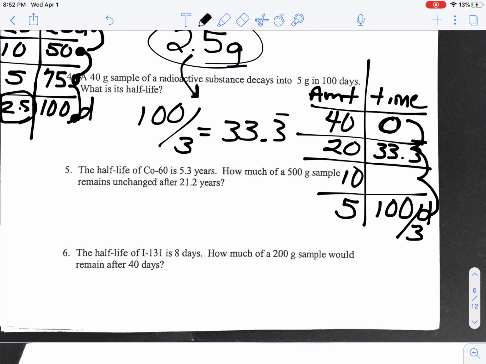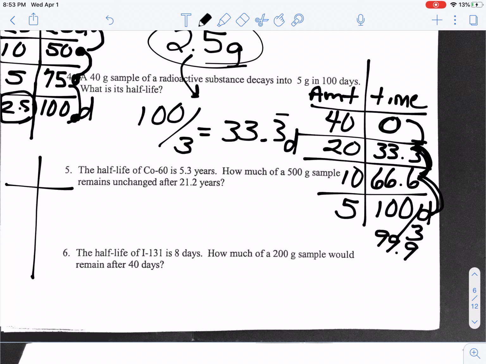So my first half-life is 33.3, my second half-life would be another 33.3, which gives me 66.6, and my next half-life would give me another 33.3, which gives me 99.9, which is close enough to 100. So here, my half-life would be 33.3 days.